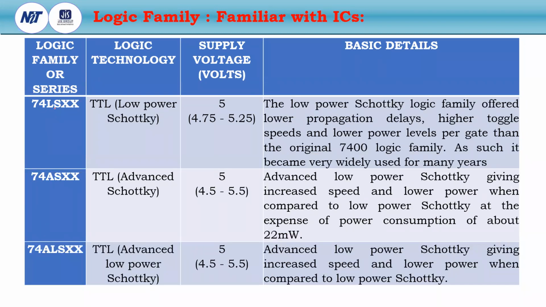Then the 74LS, S for Schottky, L for low power, low power Schottky, and it has a power consumption of about 2 milliwatt. Then the 74ALS, that means advanced low power Schottky. Lower power when compared to the low power Schottky, increased speed.